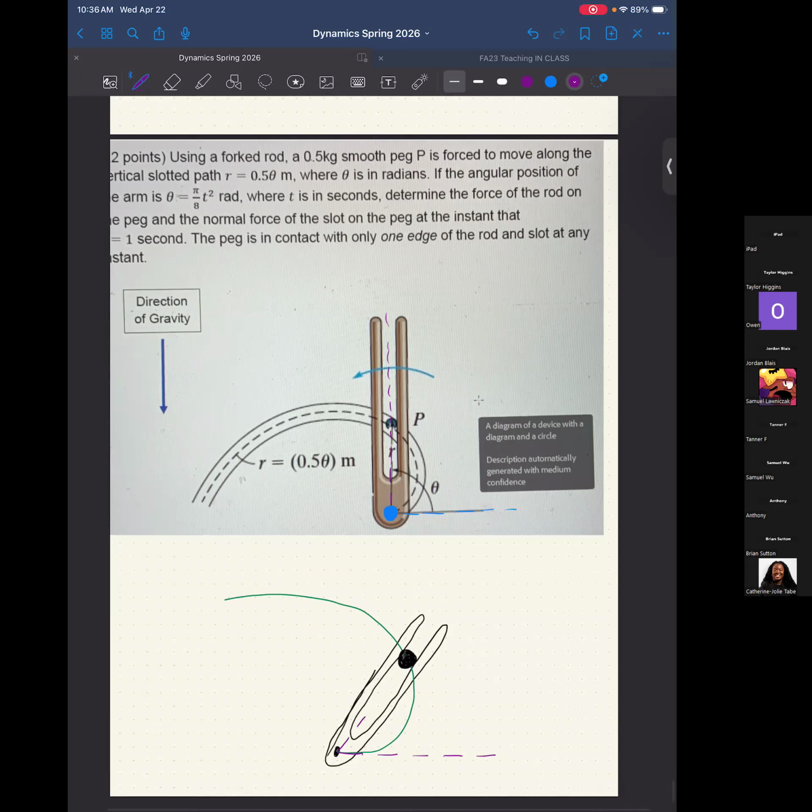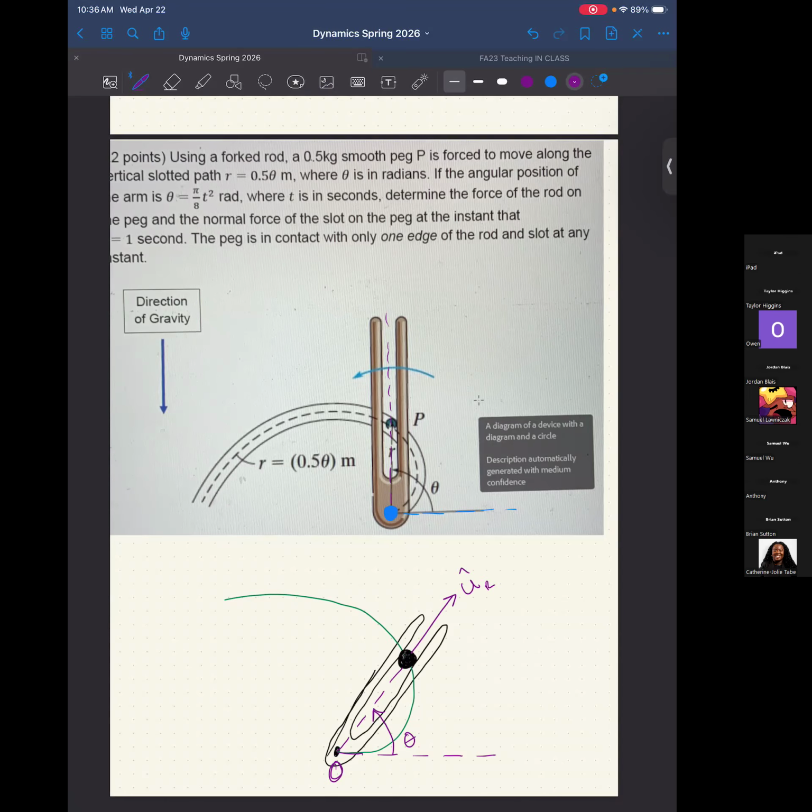This is theta, which says that my radial direction goes out, u hat r, and my theta direction goes in the direction of increasing theta, 90 degrees from u hat r. So something like this.